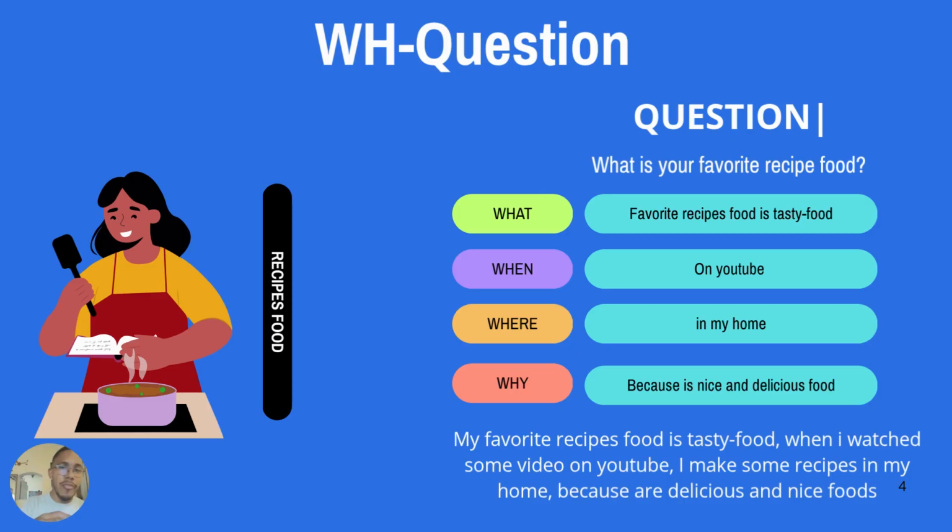When you take all the information, you create the question to ask another person: what is your favorite recipe food? My favorite recipe food is tasty food. When I watch some videos on YouTube, I make some recipes in my home because they are delicious and nice food.